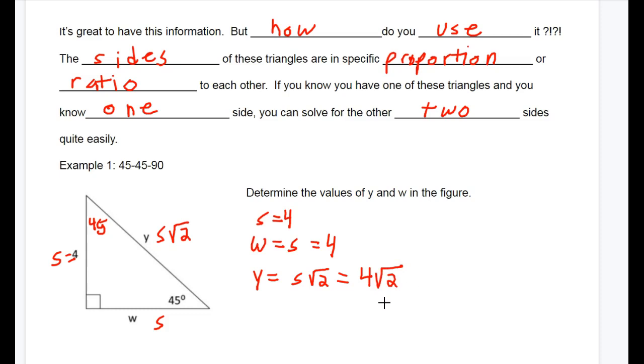That's the exact answer. If you put that into a calculator, that's going to give you something about 5.66. So that would be the length of this side here, 5.66. It's a little bit more than either of the two lengths, which makes sense because it's opposite the 90-degree angle, making it the hypotenuse. Let's take a look at another example.